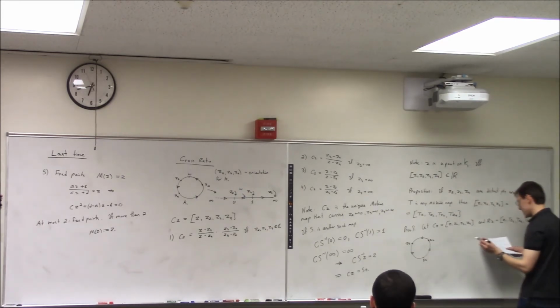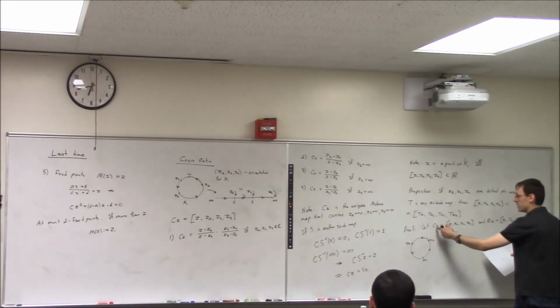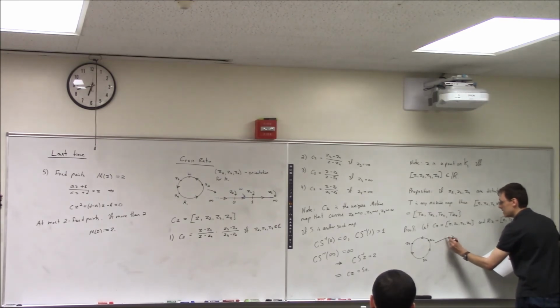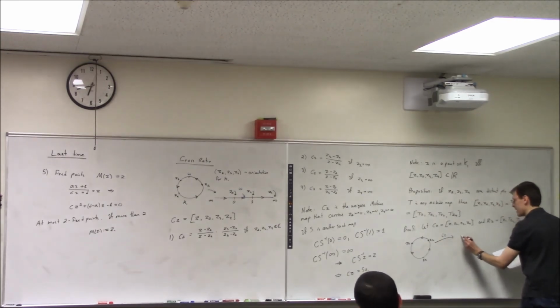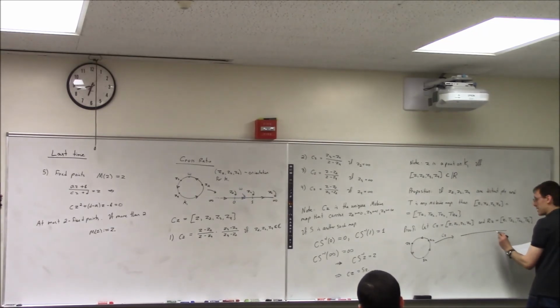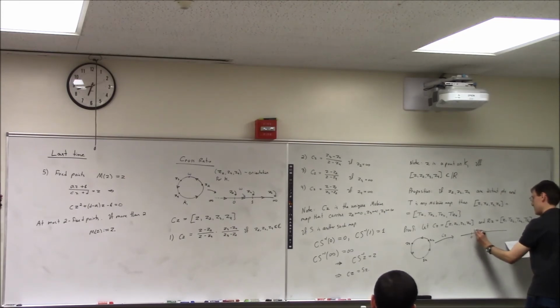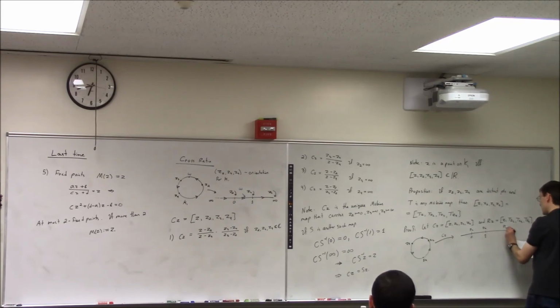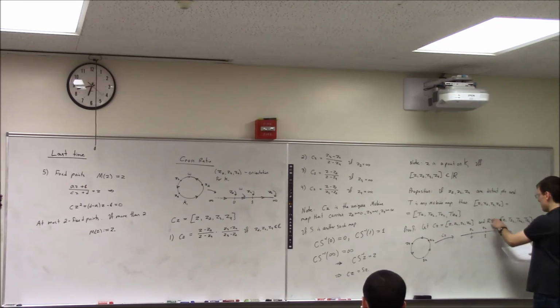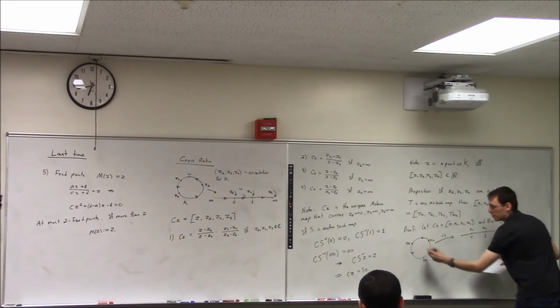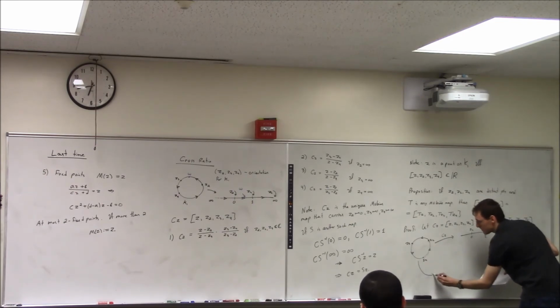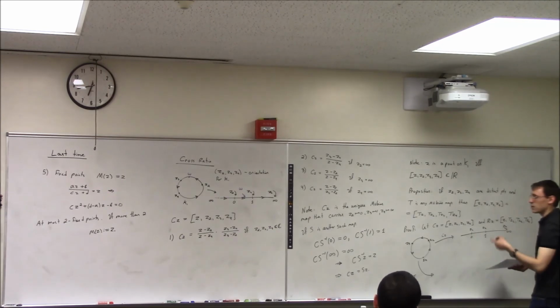So let's see what happens. What is C of Z going to do? C of Z is just going to take this and map it onto the real axis. So this is the point Z2 carried here, this is the point Z3 carried here, and Z4 is carried to infinity. Now, what is going to happen if I apply T to that circle? It's going to be another circle.